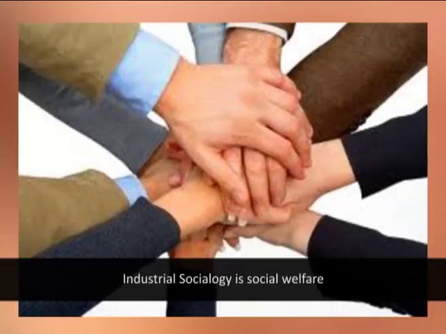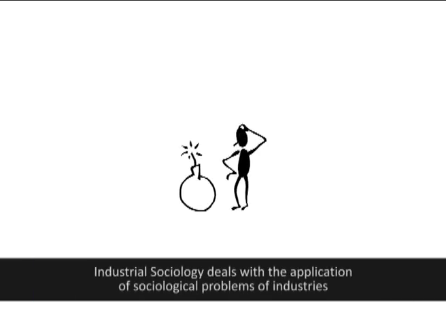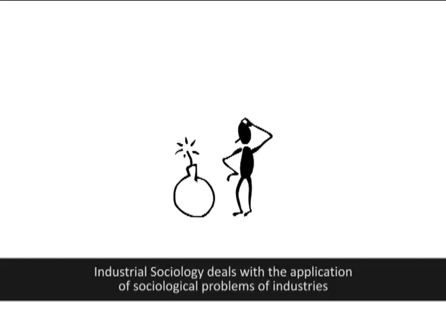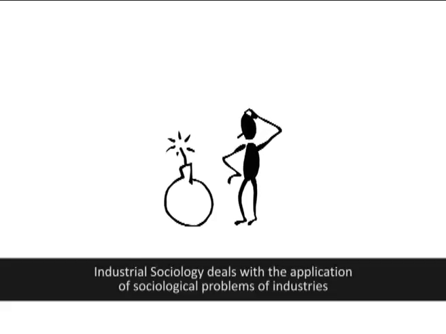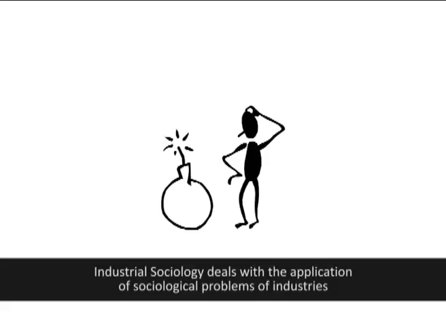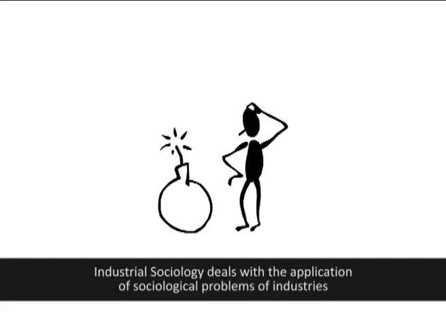The answer to that is social welfare. Social welfare is the main motive of industrial sociology. Students, how do you think it solves problems often encountered at workplaces? Industrial sociology deals with issues by applying a sociological approach to the problems of industries in order to achieve a set of goals aimed.